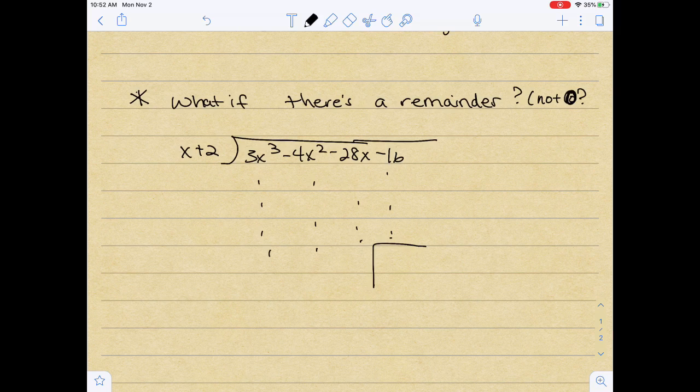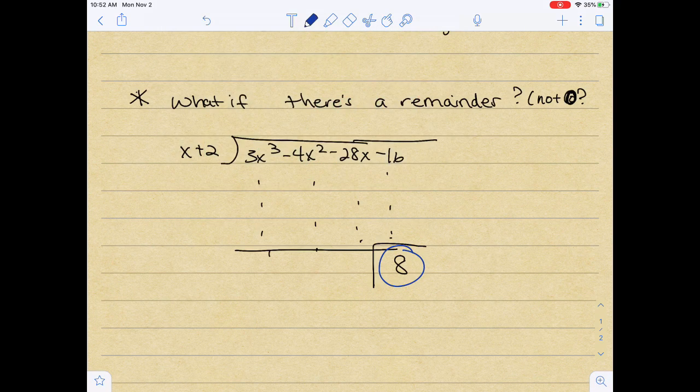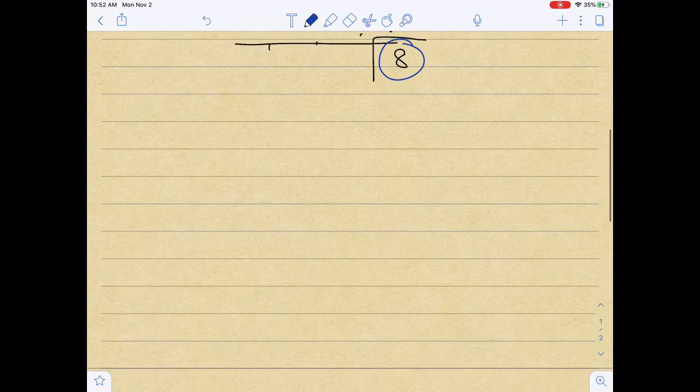Let's just say the remainder was 8. What do we do with that remainder? We are going to take it and add it right here and put it over whatever our divisor was. So whatever we got from our long division stays, and we add our remainder over the divisor. So that's what you're going to do if there's a remainder.